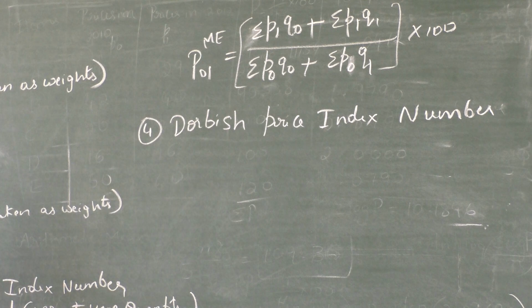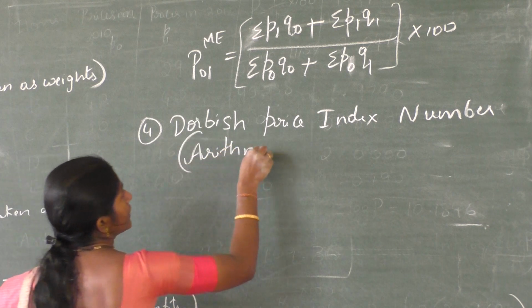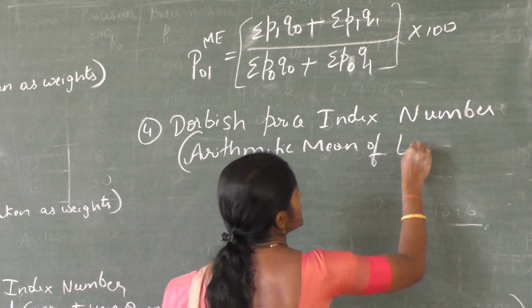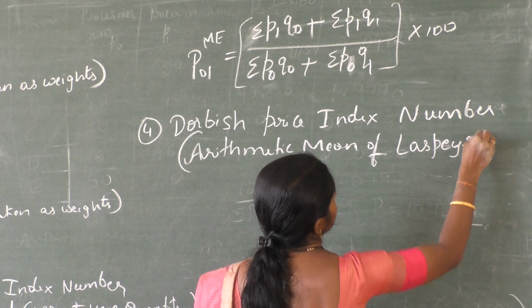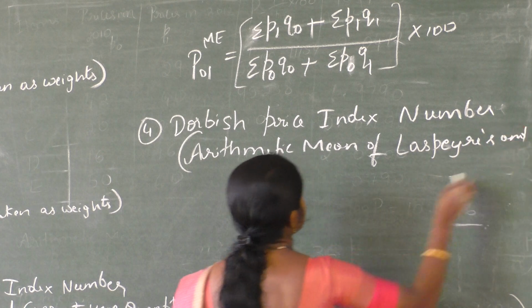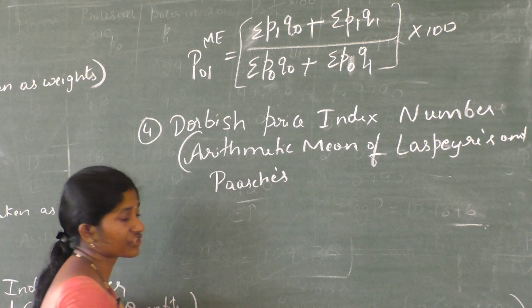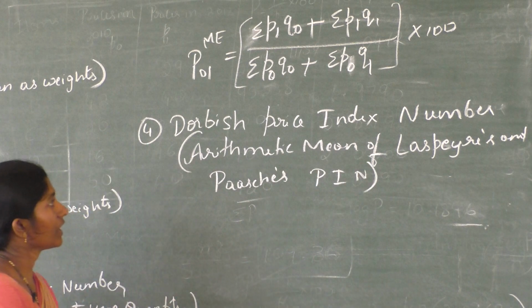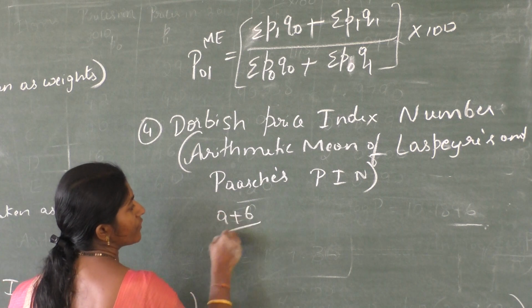In the Dorbish price index number, we are taking the arithmetic mean of Laspeyres and Paasche price index numbers. The arithmetic mean formula is A plus B divided by 2.